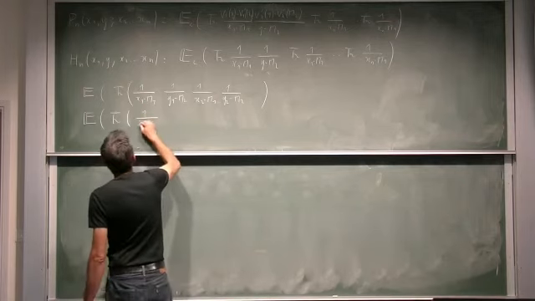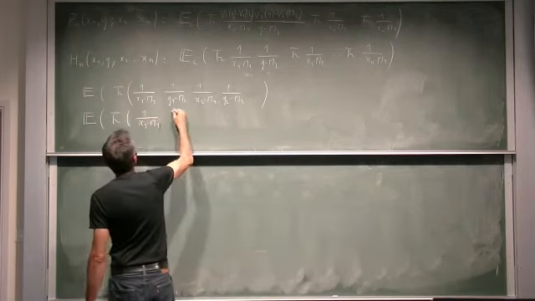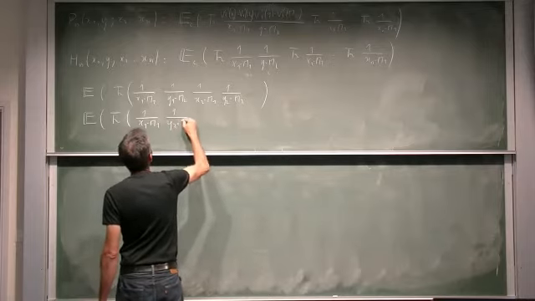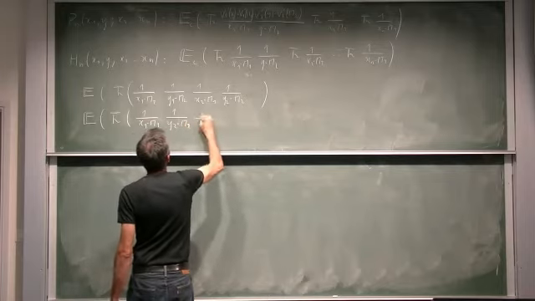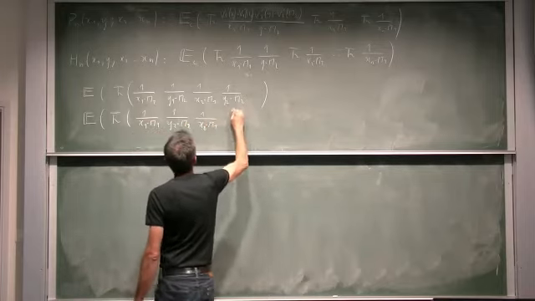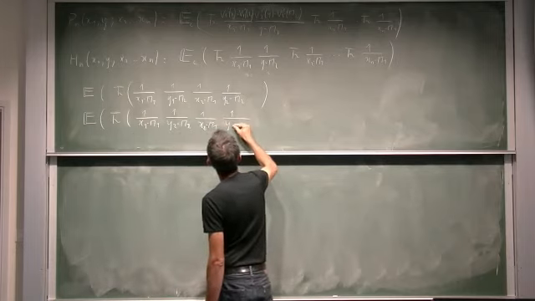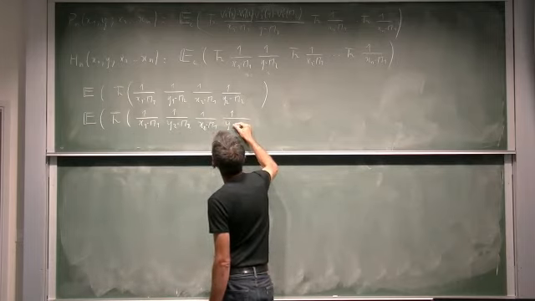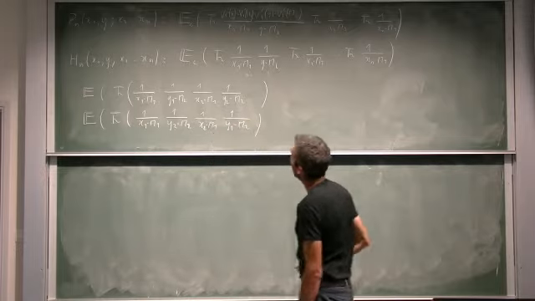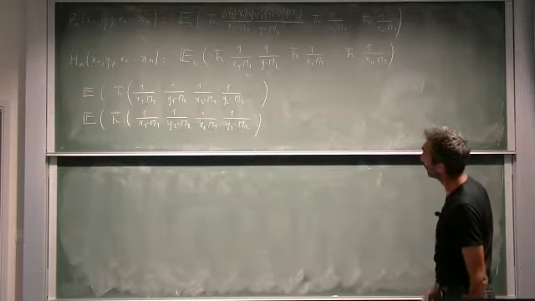We could also do that: 1 over Y2 minus M2, 1 over X1, X2 minus M1, 1 over Y1 minus M2. Okay, we could want to compute that one.